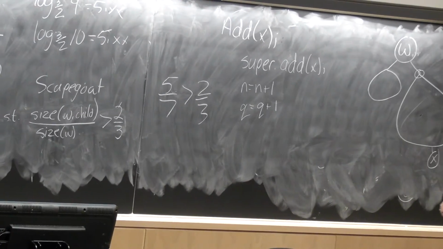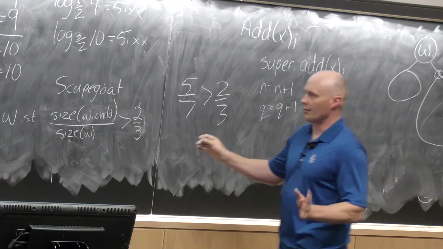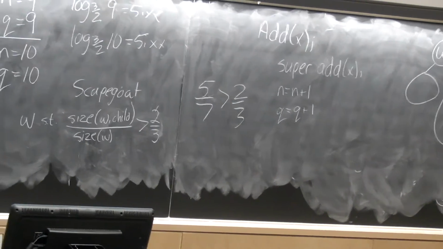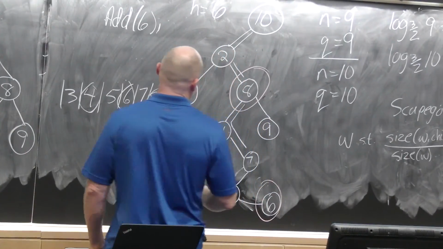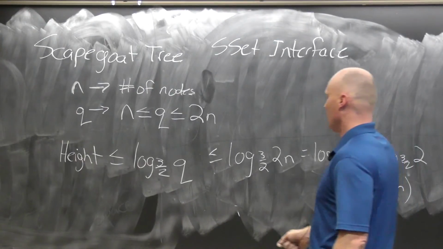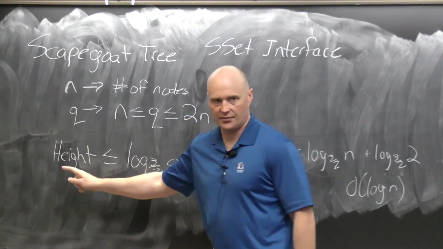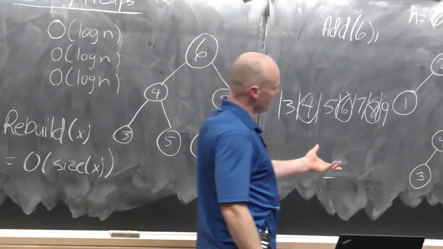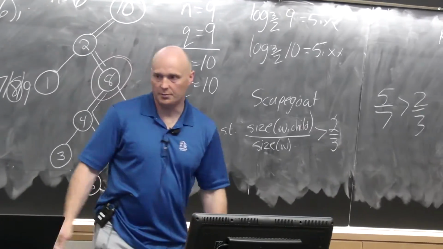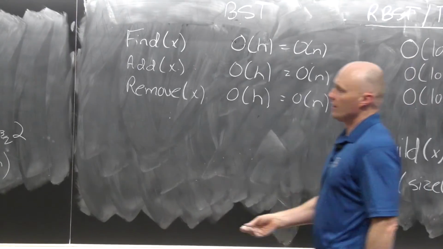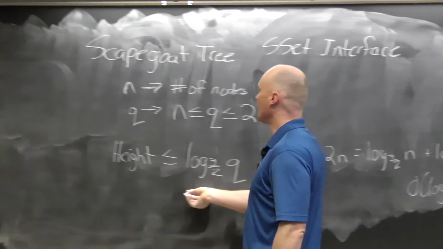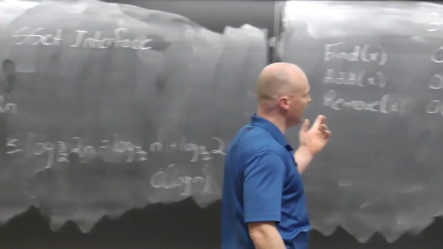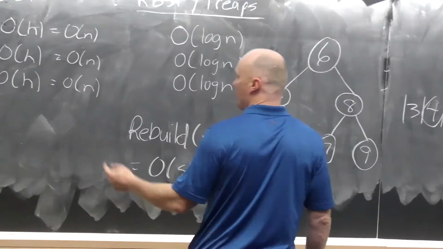I could prove it more formally than that, but I'd rather not. So we do this, the height decreases by at least 1. Since if we add 1 node, our height can increase by at most 1, then we rebuild, it decreases by at least 1, and our height will be within range again. So again, we have a scapegoat tree. So we can do find, add, remove, and maintain all these properties on the scapegoat tree.